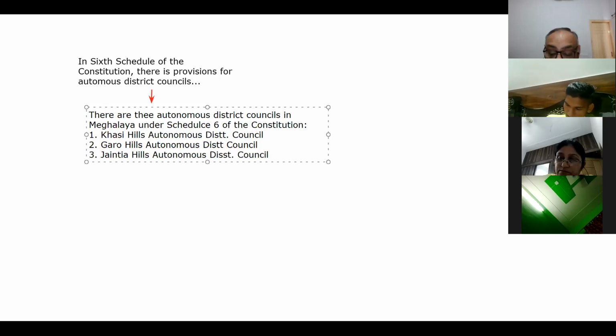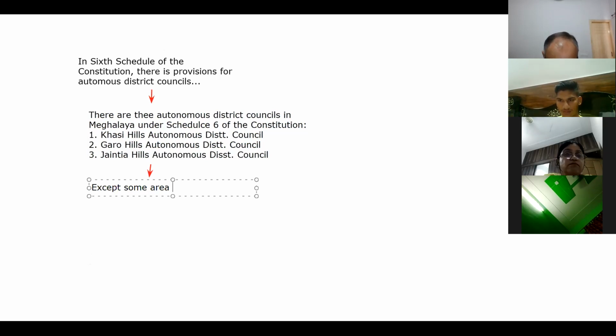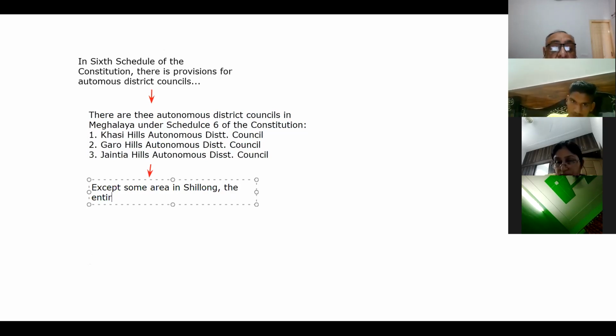ये 3 autonomous district councils हैं, and except some area in Shillong, the entire state is under Schedule 6. पूरी की पूरी state वो Schedule 6 के अंदर है, right?